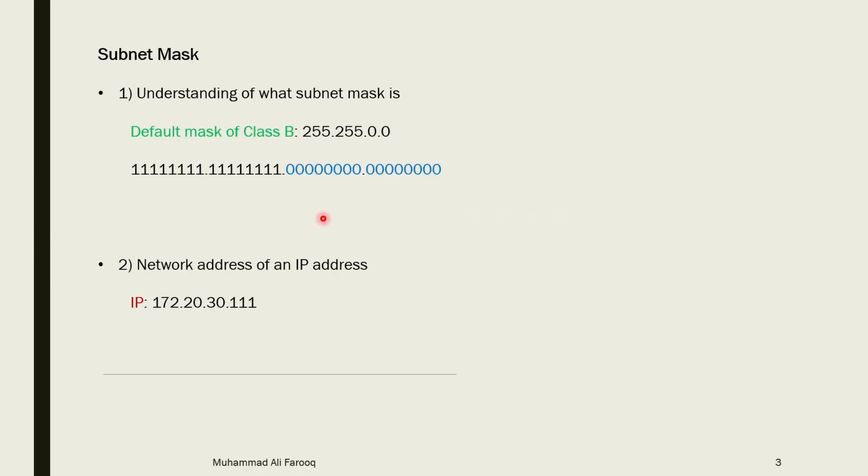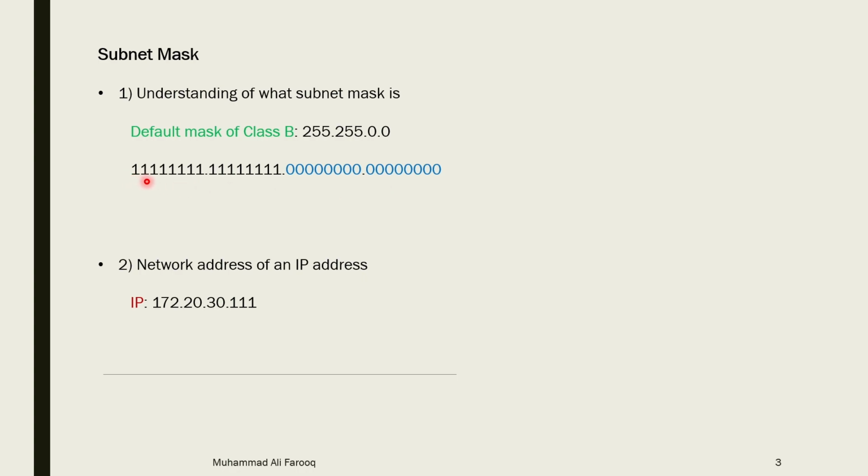Now let's say we have a subnet mask 255.255.0.0, and we know that it's the default mask of a class B IP address. For understanding purposes, let's convert it into binary, and we see that these are contiguous ones followed by zeros. Whenever you see a pattern such as this, you should know that it is a subnet mask.